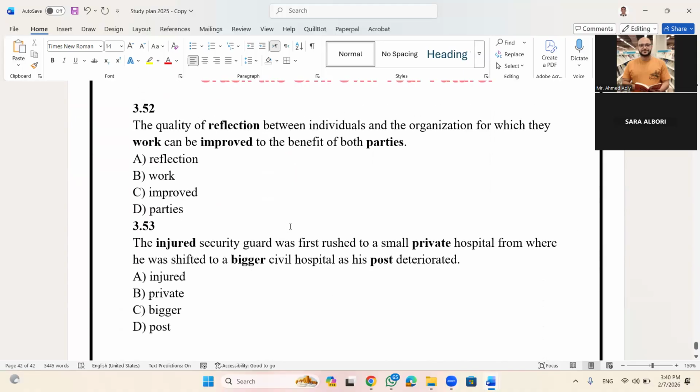We have a couple of questions here. The quality of reflection between individuals and the organization for which they work can be improved to the benefit of both parties.